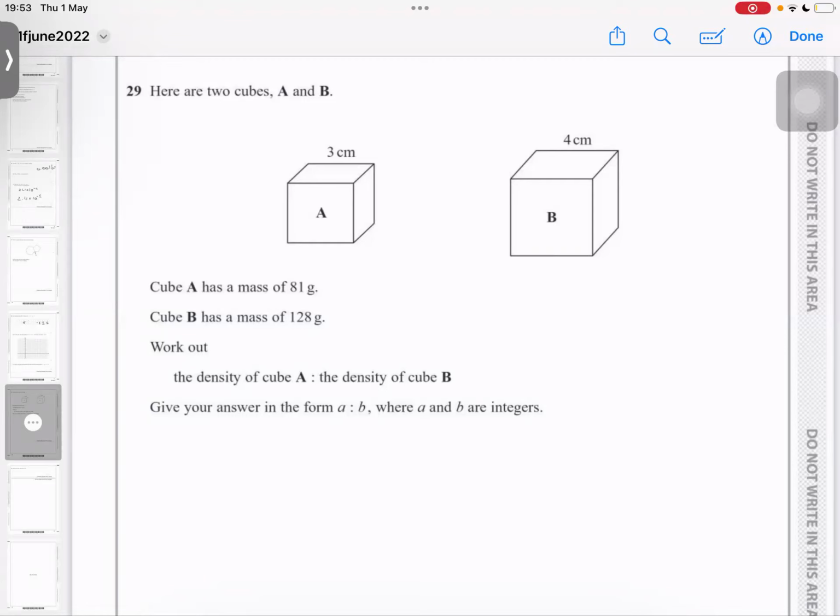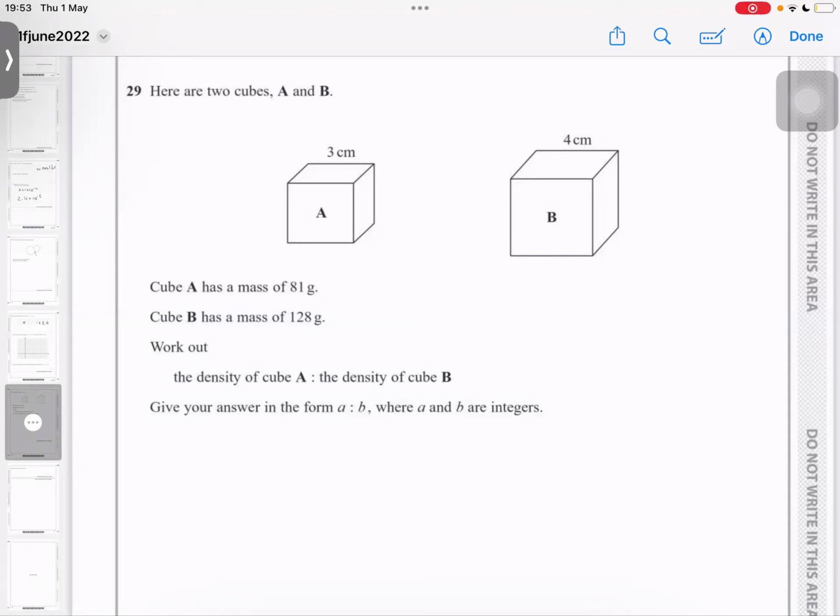They've given you the masses 81 and 128 respectively. But now the question is, what's the volume? You remember what I said about volume of a cube or cuboid? Length times breadth times height. Since it's a cube, it's simply L raised to power 3. Everything is the same. So the volume for A is 3 raised to power 3, and the volume for B is 4 raised to power 3.